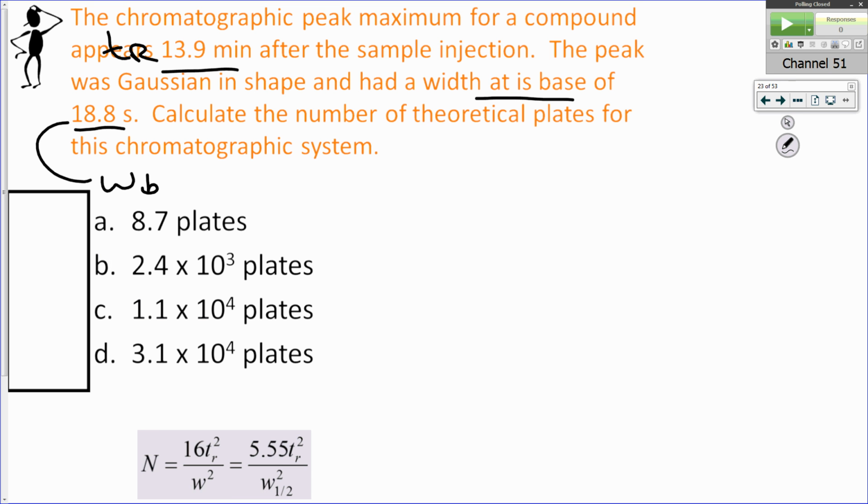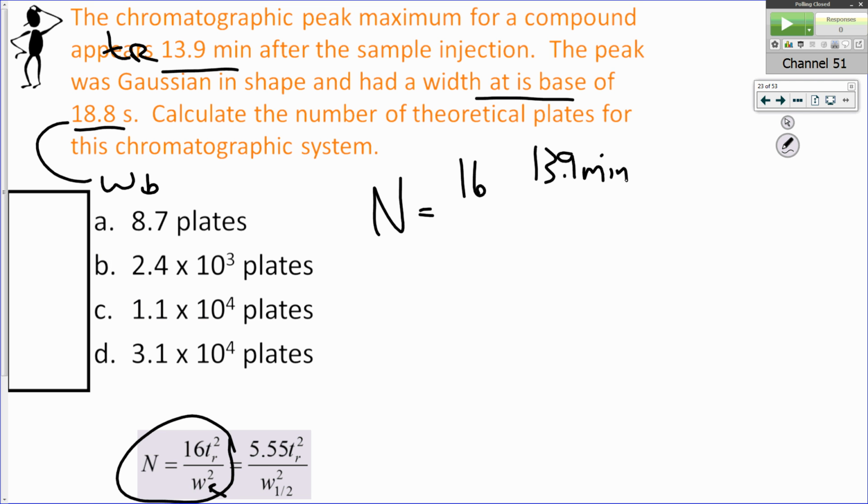So in this case, here's my formula for the number of theoretical plates. And the one with the width at the base is this one. So the plate number equals 16 times the retention time squared, so it's 13.9 minutes. But I need to be in a common unit because one's in minutes and the other one's in seconds. So I'm just going to convert it to seconds. Minutes cancel out. And I've got to remember that that term is squared.